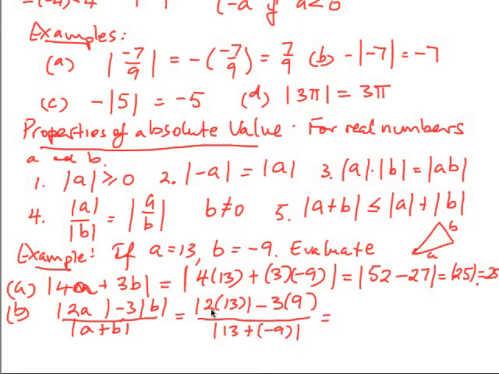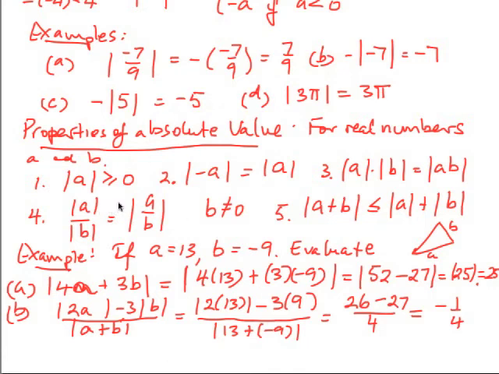So 2 13s are 26, the absolute value of 26 is 26, minus 27, over the absolute value of 13 minus 9, which would be 4, the absolute value of 4 is 4, so I end up with -1/4 as my result. So that's how we do that.